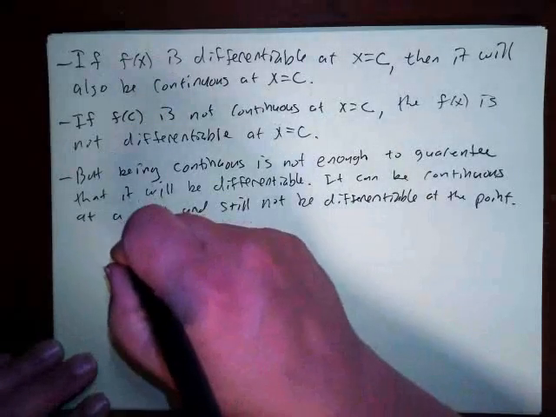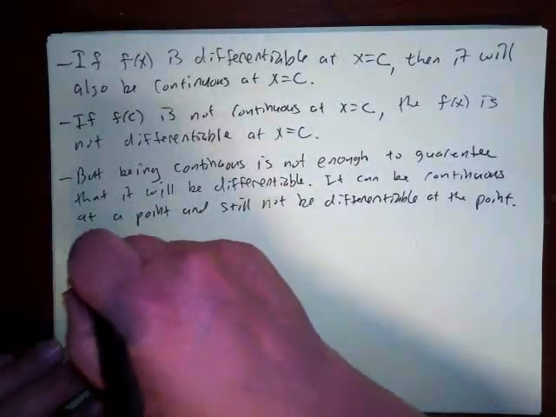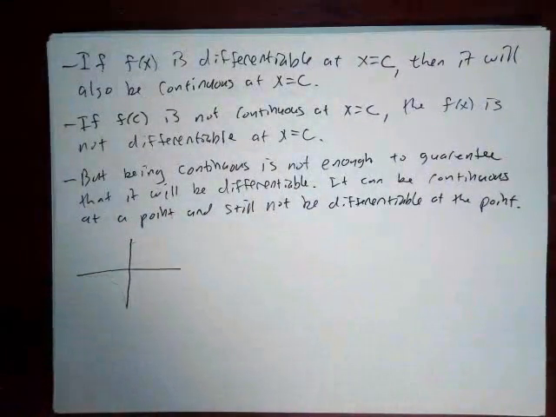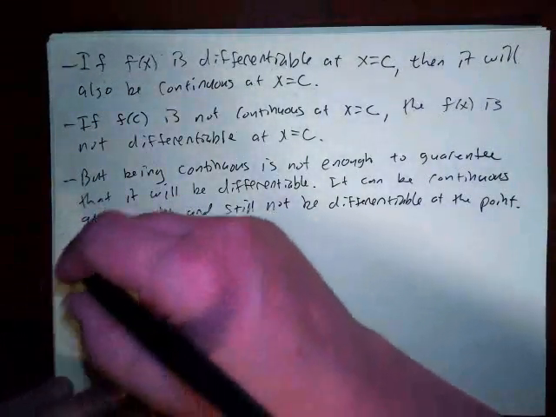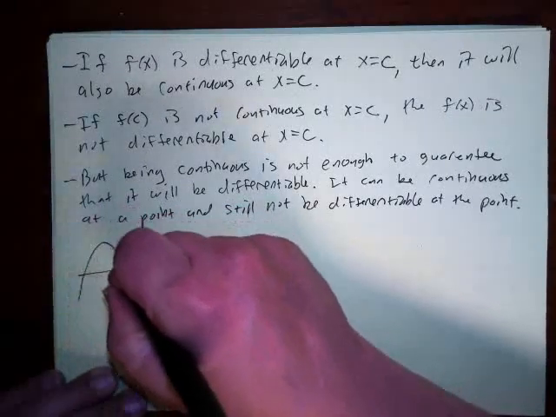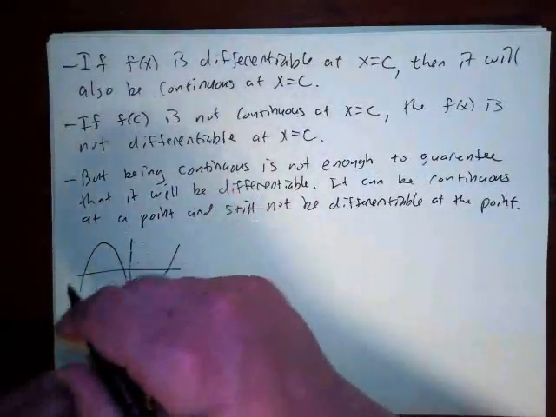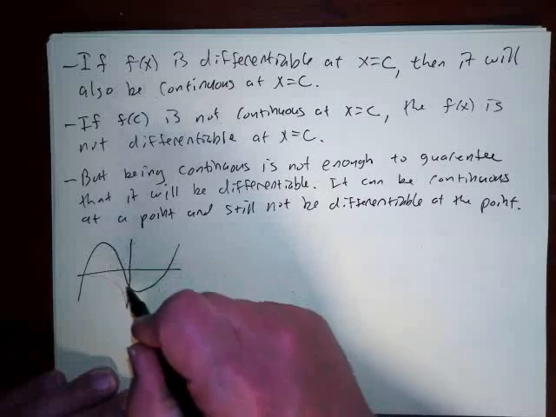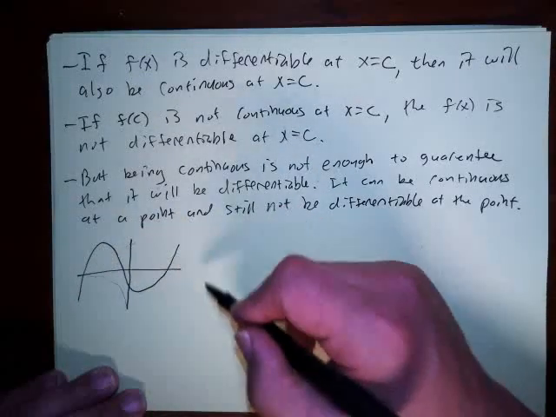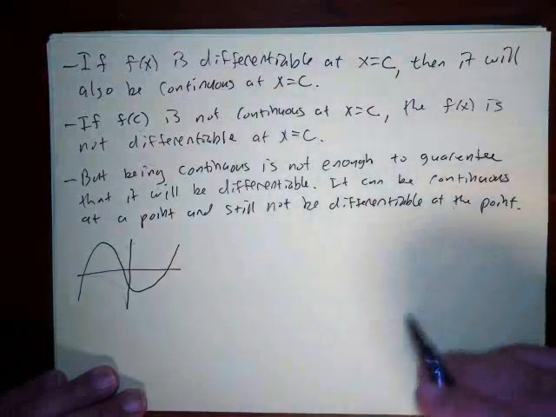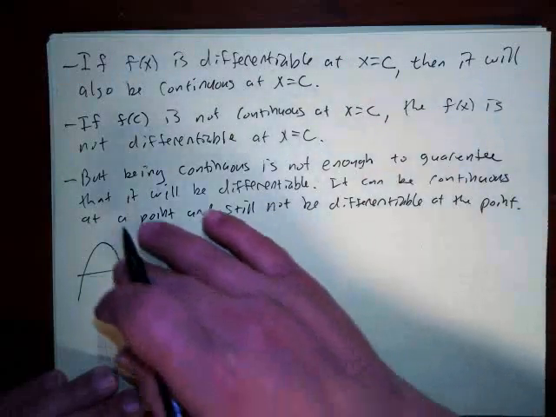So let me draw a few pictures to help illustrate some of this. The idea of differentiability is that you have a smooth, unbroken curve. Think of a polynomial function, a smooth, unbroken curve, or think of the sine wave, smooth, just going up and down.